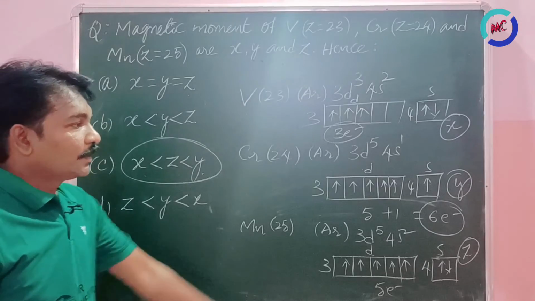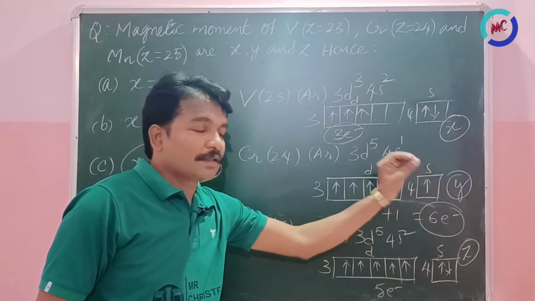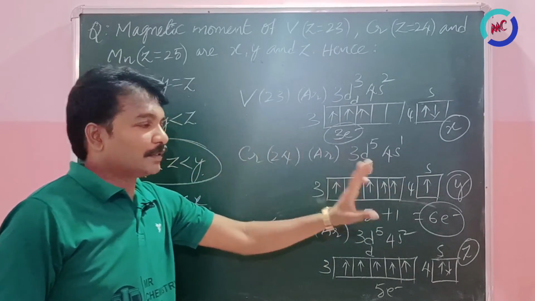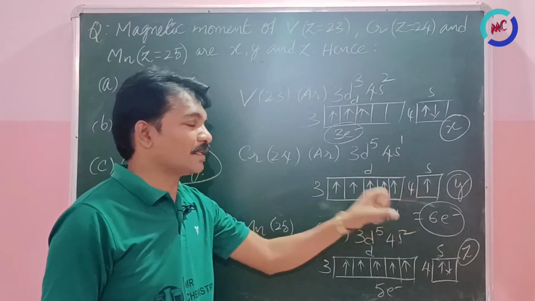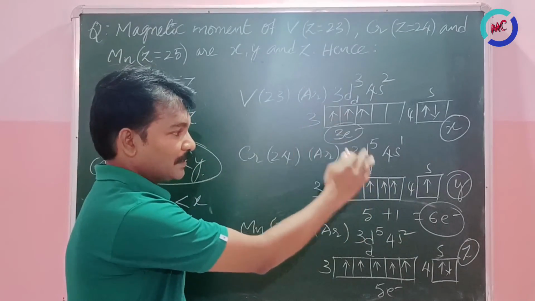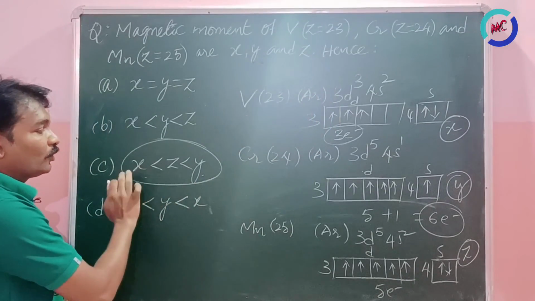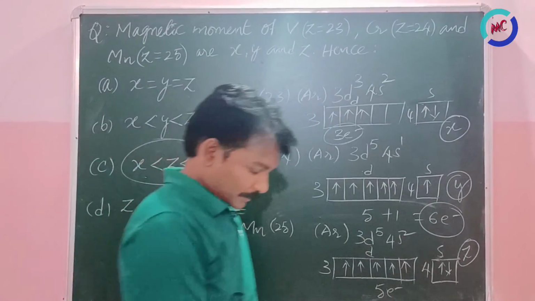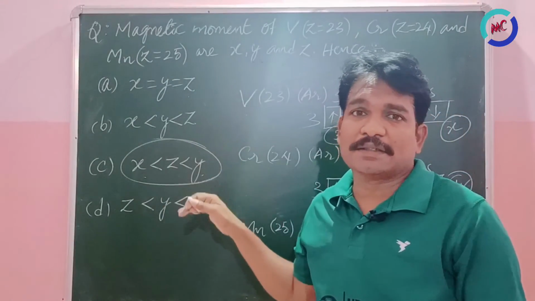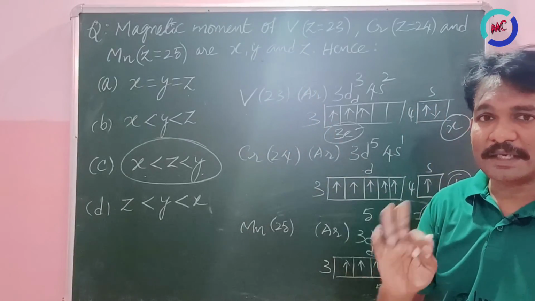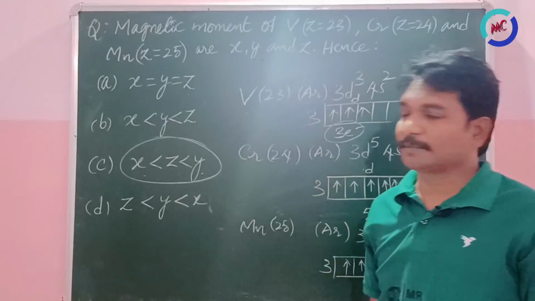Hope you understood. The magnetic moment depends directly on the number of unpaired electrons. The more unpaired electrons, the more magnetic moment. Without calculating magnetic moment, we can write the order based on the number of unpaired electrons. If you don't know that hint, you have to calculate the magnetic moment. No need to calculate, just check the order of number of unpaired electrons. Based on that, you can write.